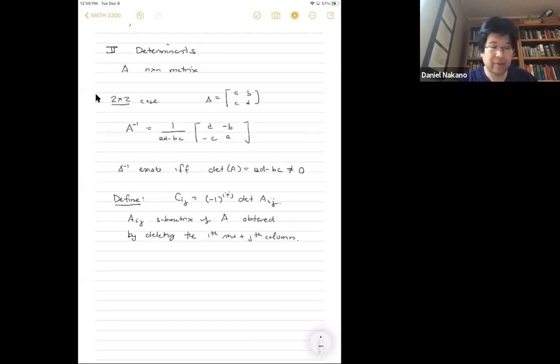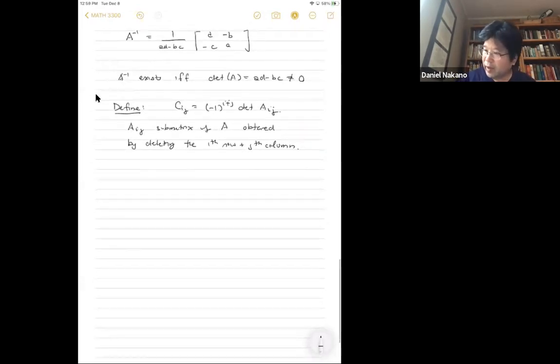using the cofactors. The determinant, it turns out, can be obtained by expanding along any column or any row. So you have A1j C1j plus A2j C2j plus ... plus Anj Cnj. Okay, so this is a column expansion along the jth column.